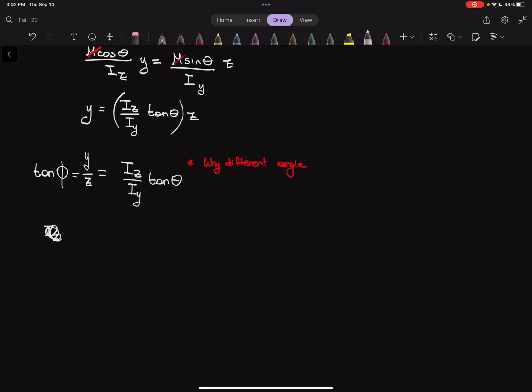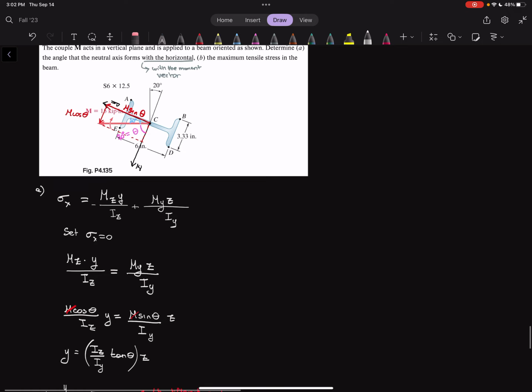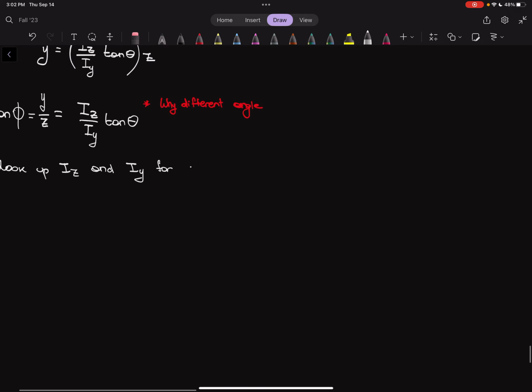So to find Iz, I'll just write it down. So look up Iz and Iy for S6 times 12.5.